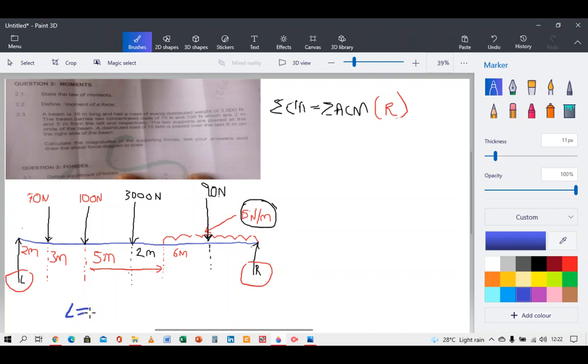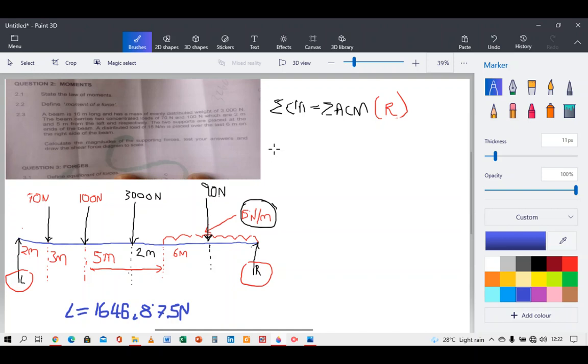As L, I said, is what? L equals 1,646.875 Newton.